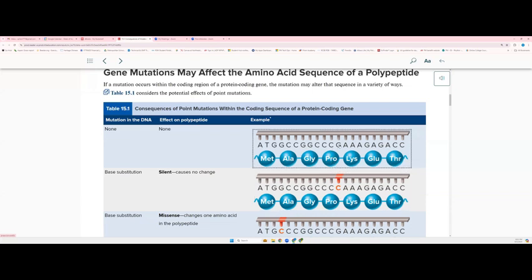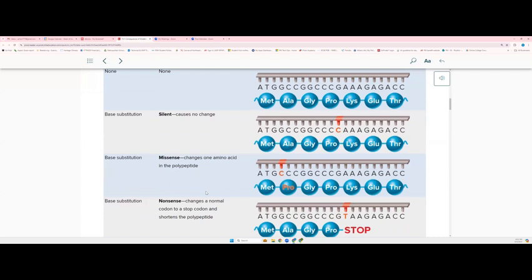But if we change G to C, CCC can also generate proline. So this type of point mutation, we call it silent. Why is it called silent? Because even though the DNA sequence changed a little bit, with one single base pair, the translated polypeptide chain didn't change at all.